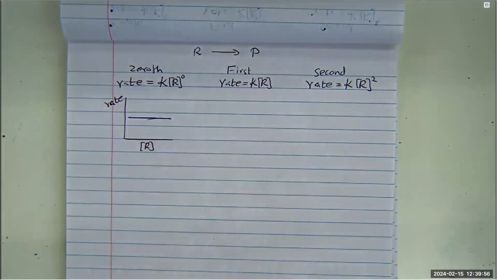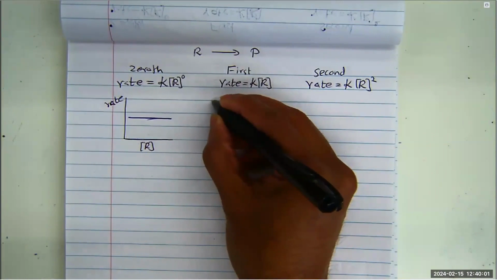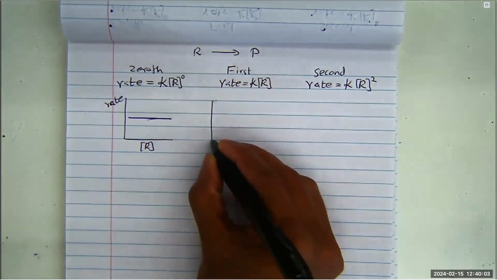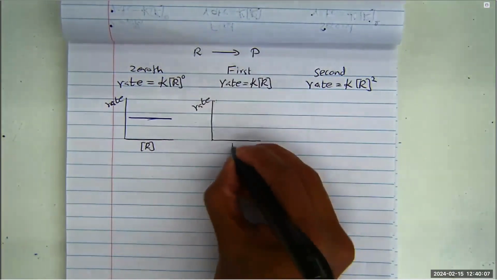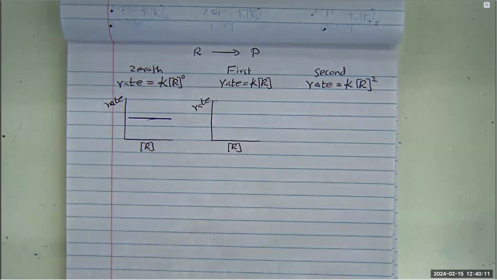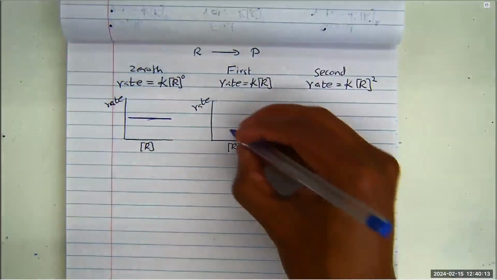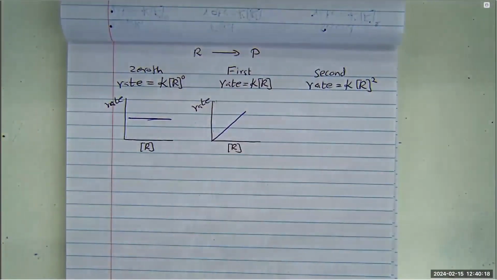And then for a first order reaction, the rate of the reaction is directly proportional to the reactant concentration. As a result, you're going to get a linear graph like that. The rate is going to increase when you increase the reactant concentration.